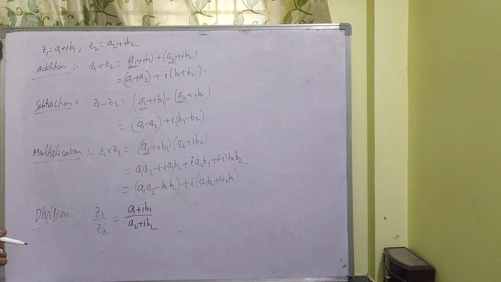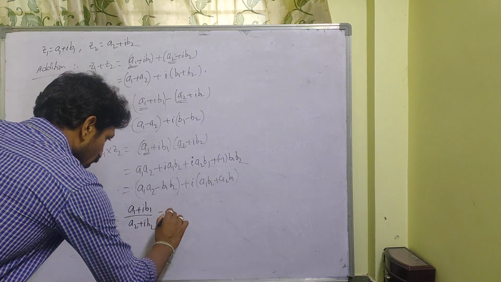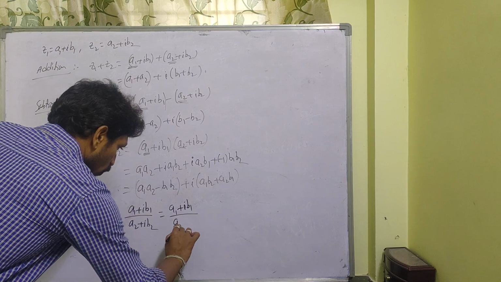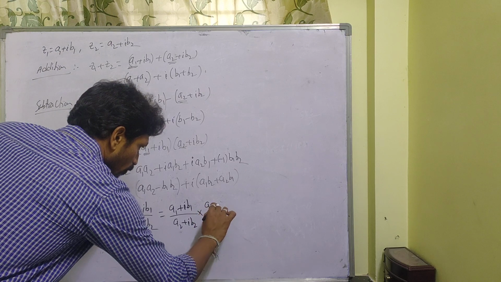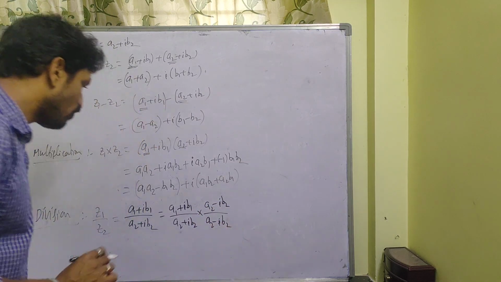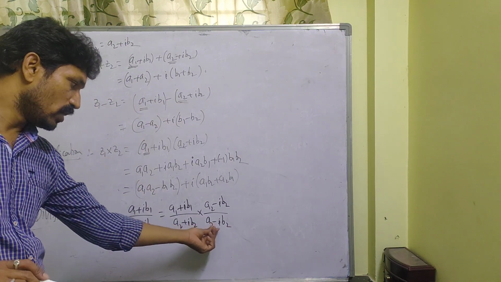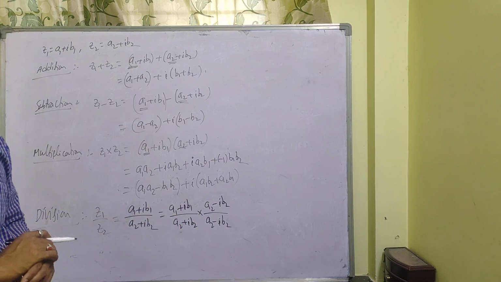So then we have to do one thing: multiply and divide by A2 minus iB2. For A2 plus iB2, A2 minus iB2 is called its conjugate number.